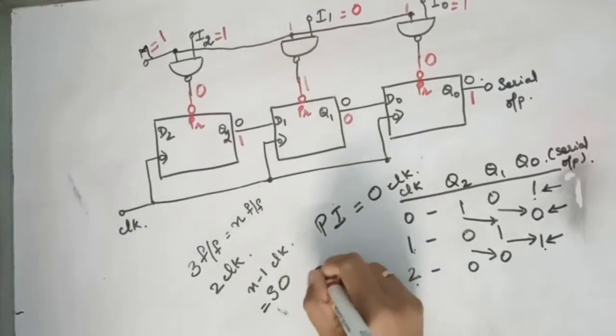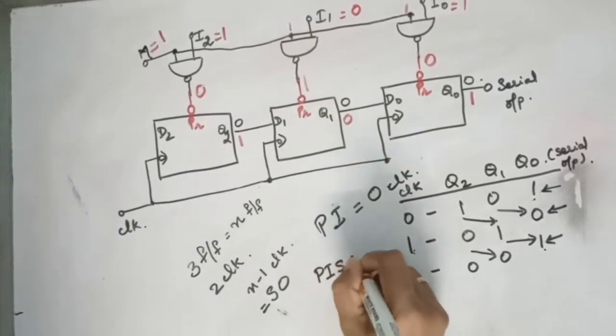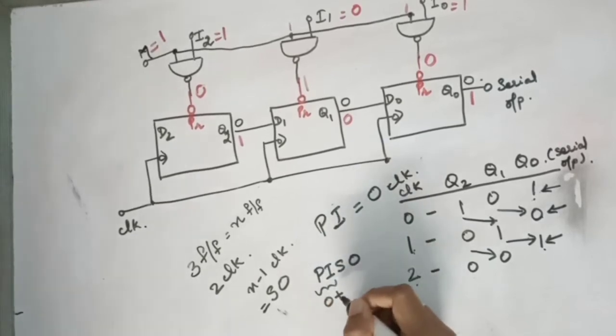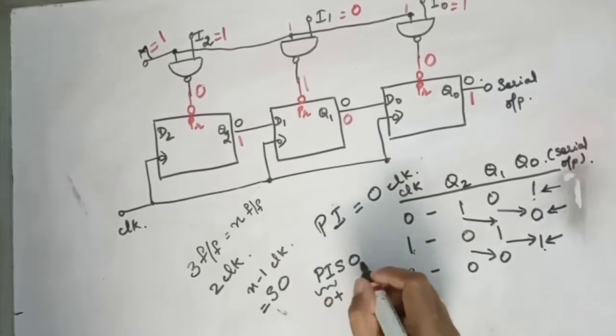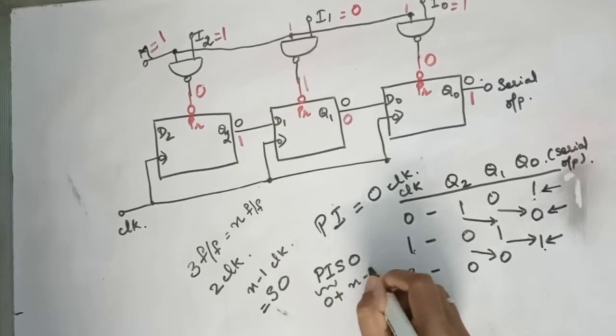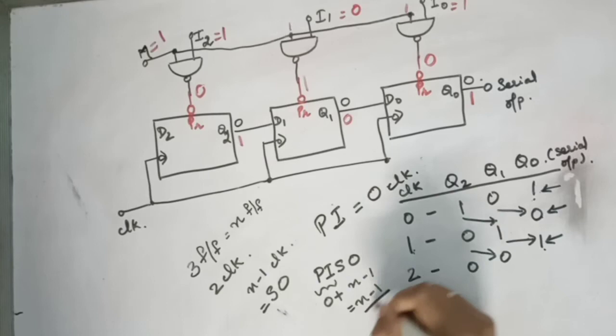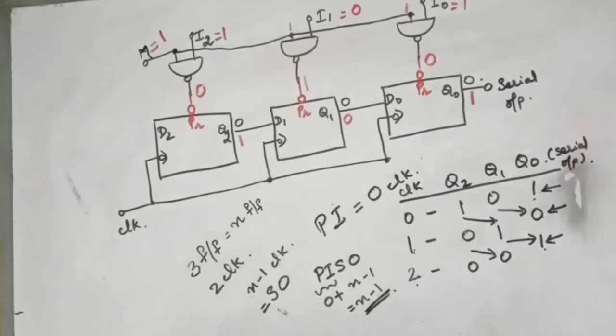So parallel in, serial out: parallel in does not require any clock pulses. Serial out requires n-1 clock cycles. So you need in total n-1 clock cycles for PISO.